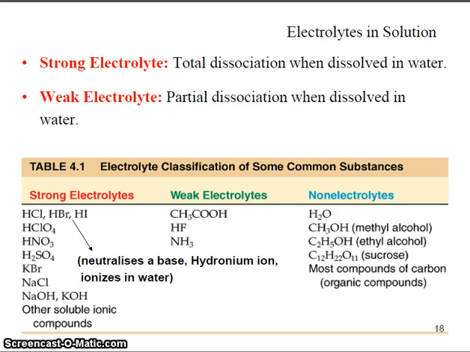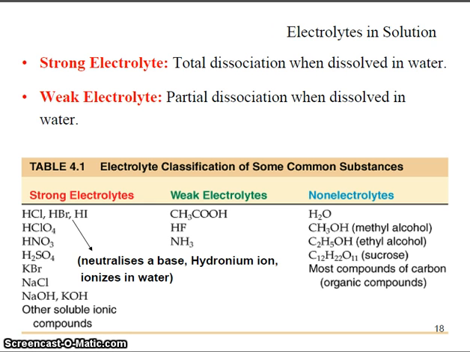Let's come back to what we were discussing about strong electrolytes and weak electrolytes. In case of strong electrolytes, you are going to expect essentially a complete dissociation of the structure into ions when you dissolve it in water. However, weak electrolytes, on the other hand, give you a partial dissociation.